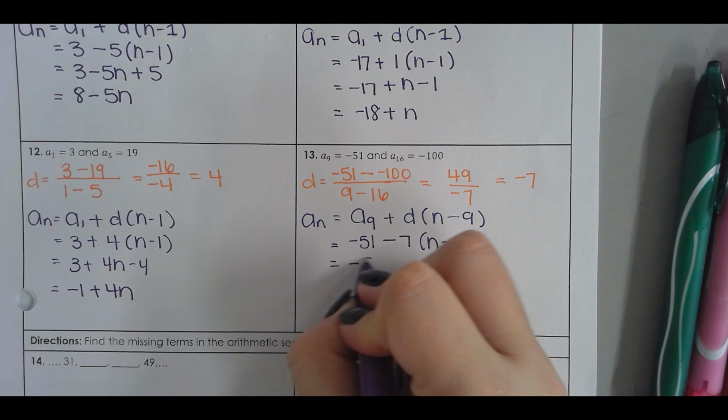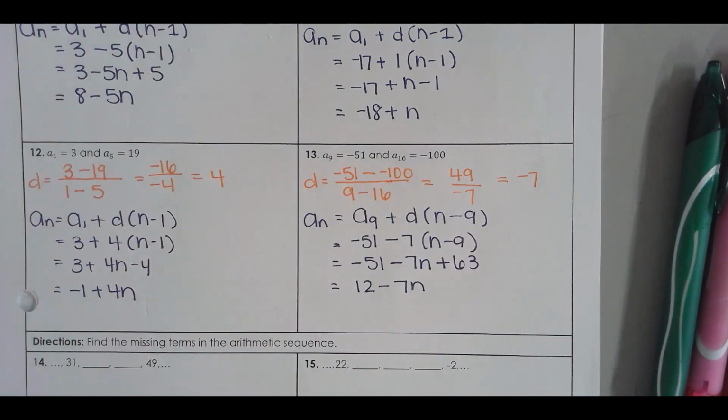So negative 51 and n plus 63 equals 12 minus. Is that what you all got? All right, very good.